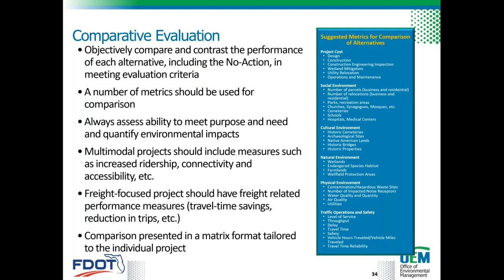The objectives of an alternative evaluation matrix is to compare and contrast the performance of each alternative in meeting the evaluation criteria, and to quantify its impact to the natural, social, cultural, and physical environment. And this matrix must include the no-build alternative.